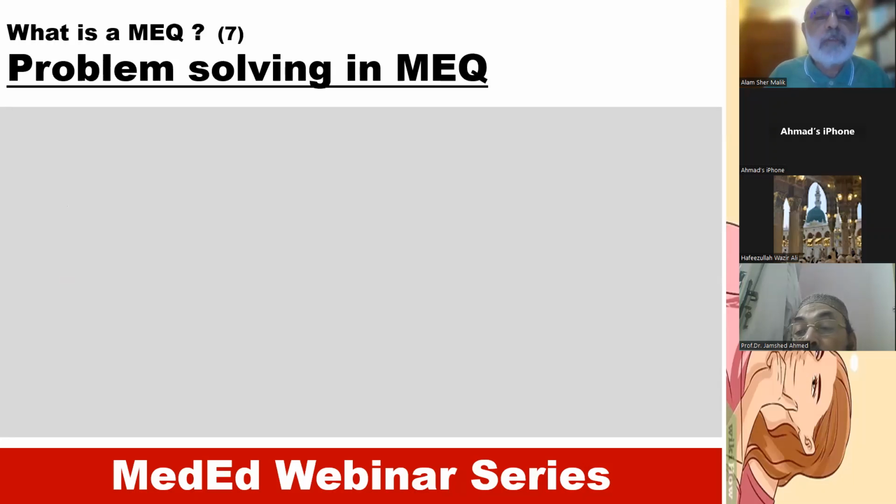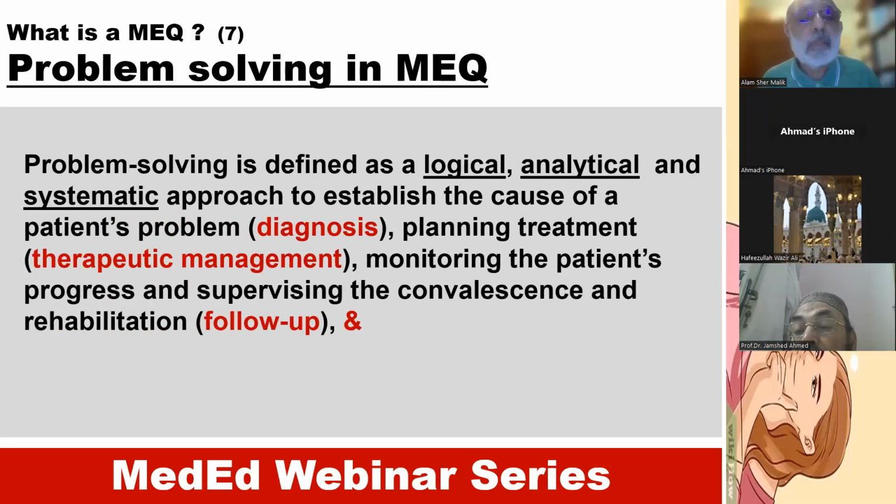The problem solving in MEQ, as we know, is defined as a logical, analytical, and systematic approach to establish the cause of a patient's problem, that is the diagnosis, planning treatment, that is the therapeutic management, monitoring the patient's progress, and supervising the convalescence and rehabilitation, that is the follow-up.